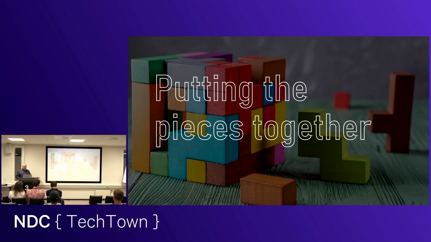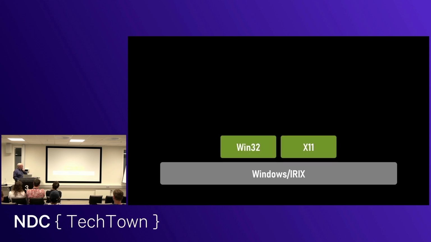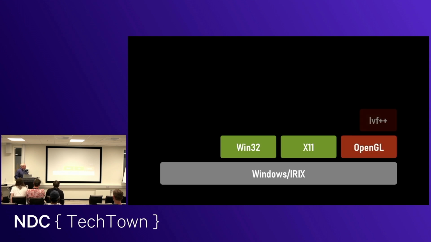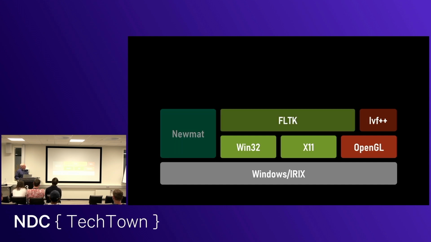So what do we have now? Let's put the pieces together in the final application. At the time, we had Windows and Irix at the bottom here. On top of that, we had Win32 and X11 as the user interface libraries, then OpenGL. And on top of OpenGL, we had IVF++, the user interface library FLTK, and the Newmat library for solving the computational model.